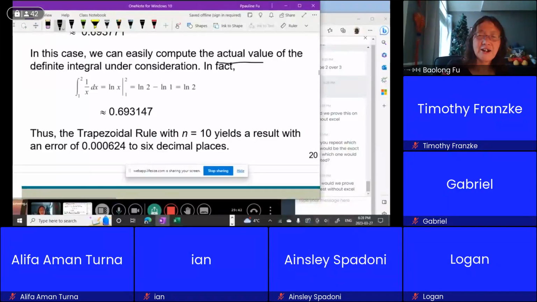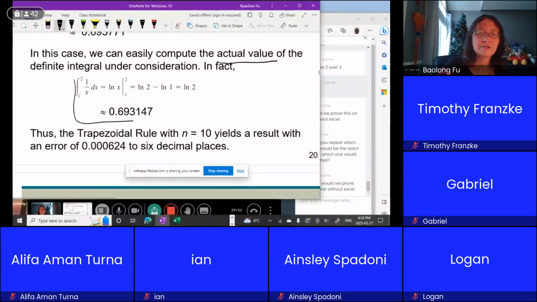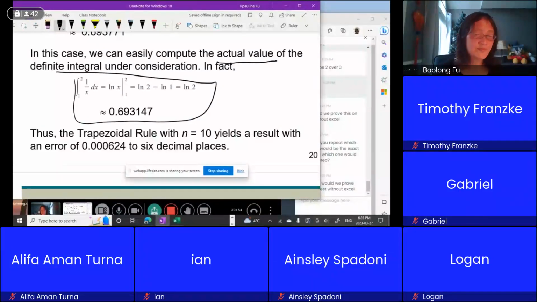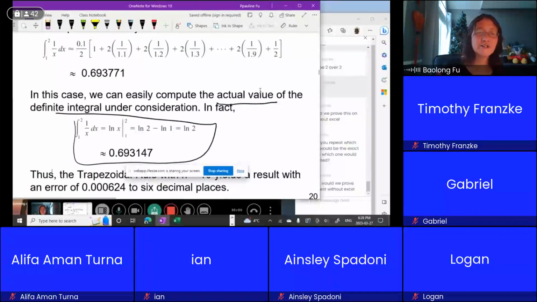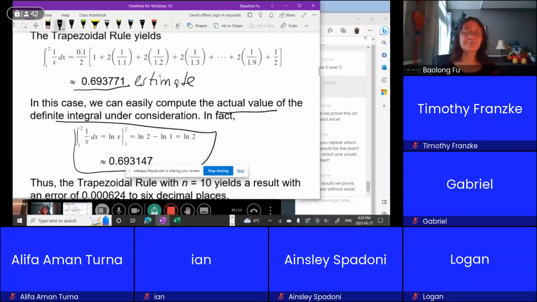So the actual value is this one. And the estimate value is this one. This is the estimate. This is the exact value in this slide.